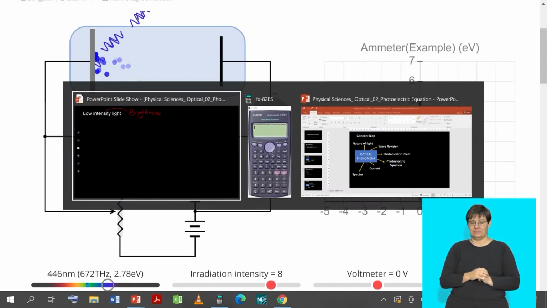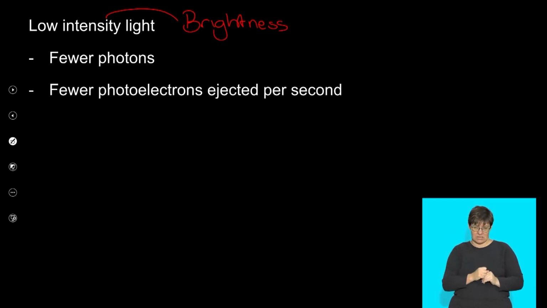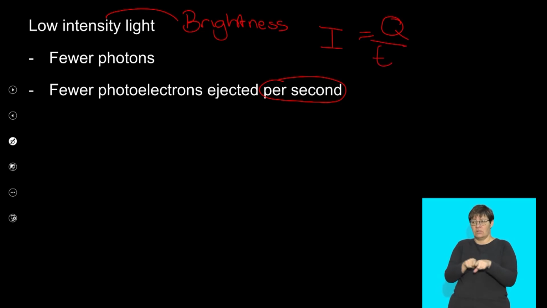So, here we go. If there's a low intensity, that means we have fewer photons because it's not as bright. Now watch, it's not about energy now, it's about electrons ejected per second, and it's the whole concept that current is charge over time. When we eject electrons, it's a charge that's moving.